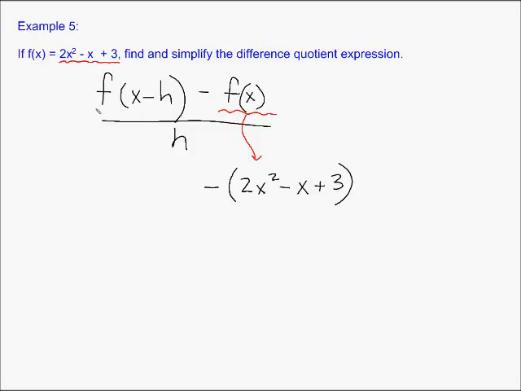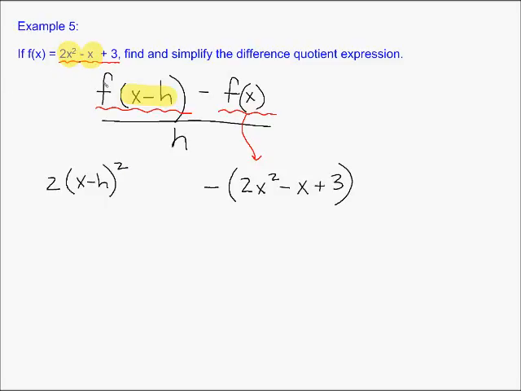Now I'm going to work on this part, f of x plus h. What that means is that every time you see an x, you're going to substitute x plus h. And this is what it looks like. So I have 2x squared. 2x squared becomes 2 and the x becomes x plus h, all squared.